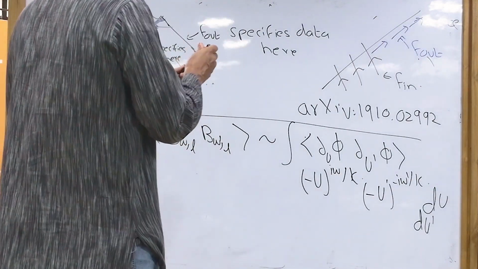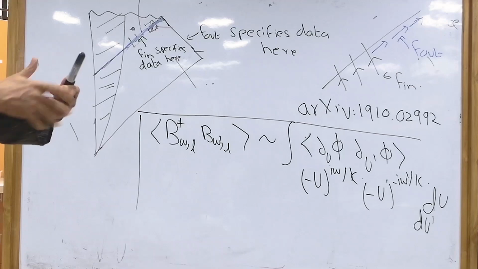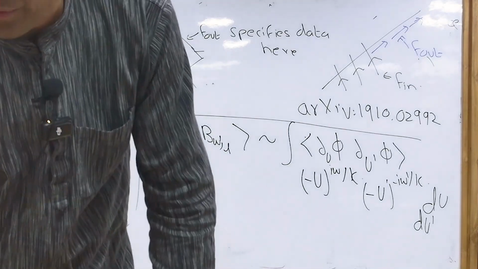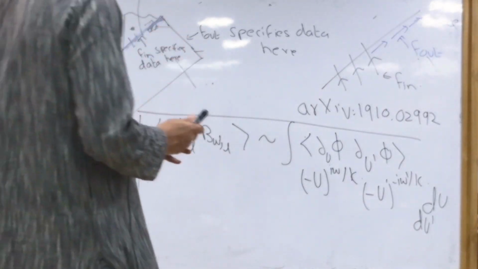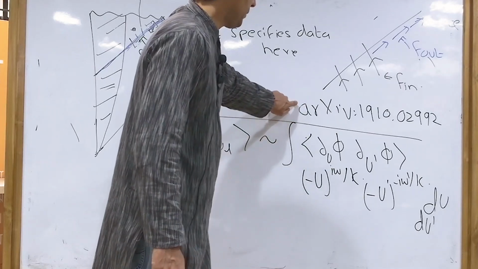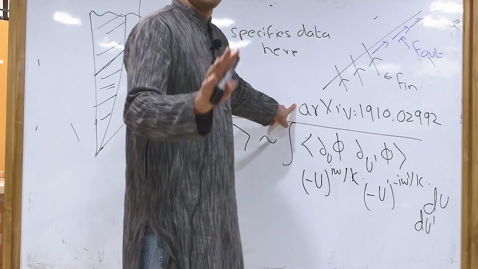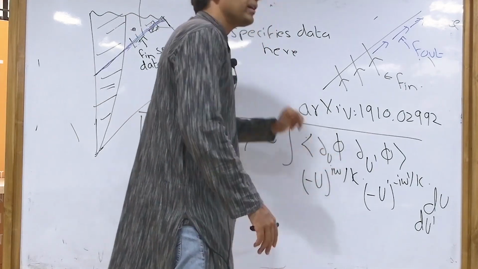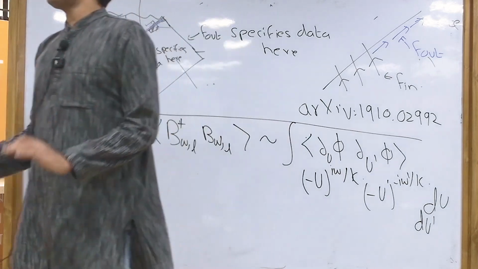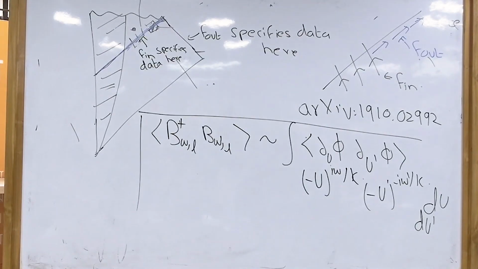So, if I take the field near the horizon, this is not a precise equation because I've lost many factors, which I don't want to keep track of. And I refer you to this paper, which will keep track of all the factors of 2 pi and so on. Let's say I take the field near the horizon and I differentiate it with respect to u. Look at this expansion. What happens?